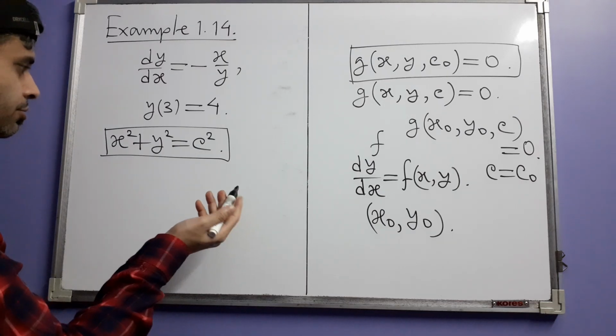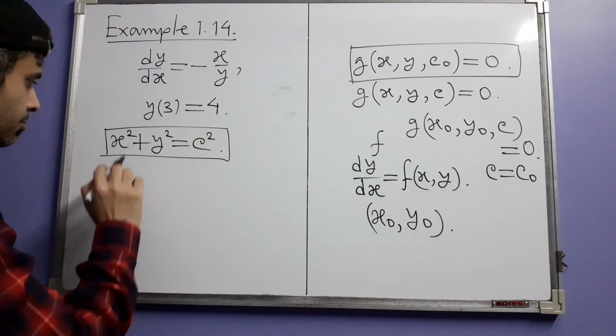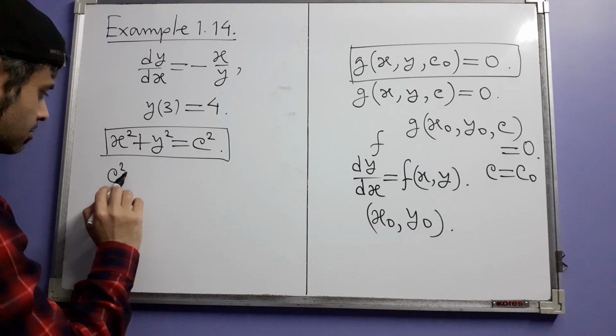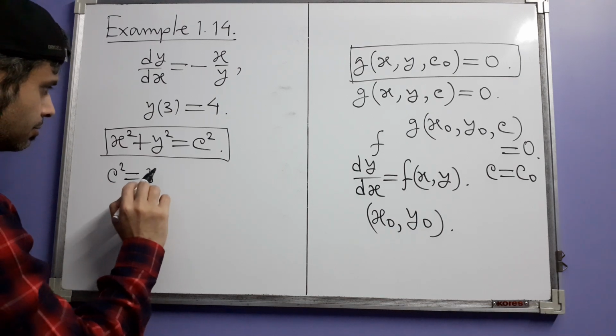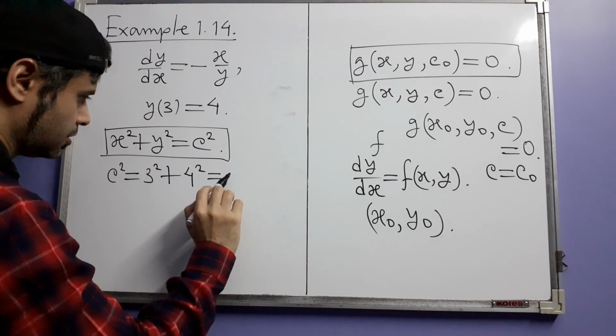So, then obviously, you have to find that value of c for which this is true. That means c square should be equal to 3 square plus 4 square, which is 25.